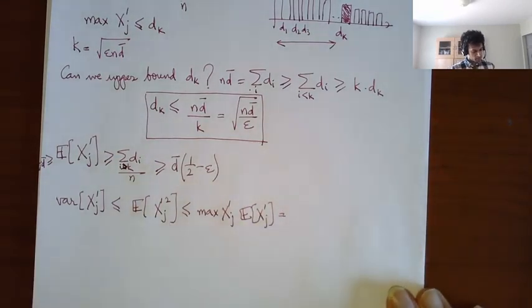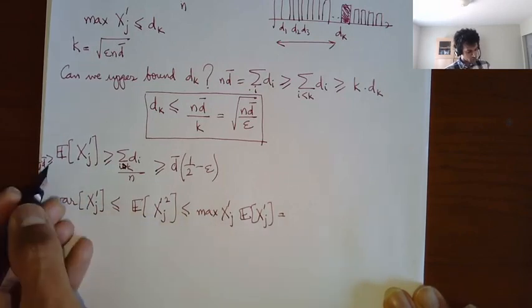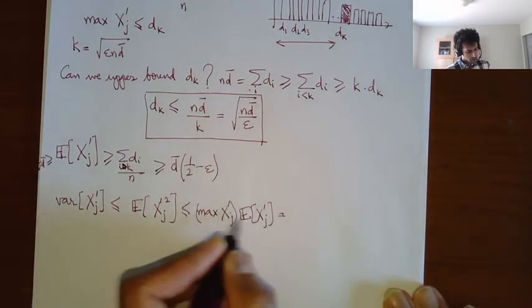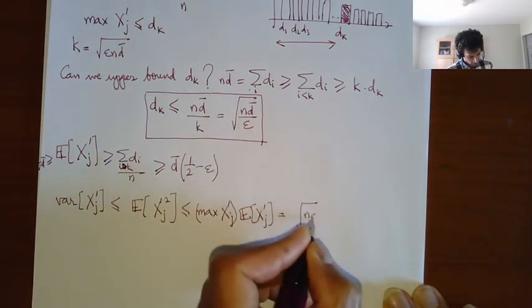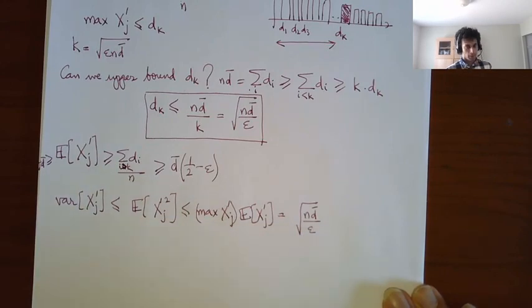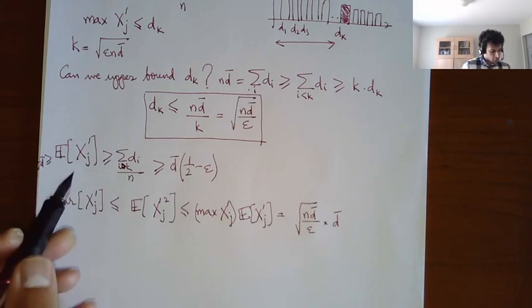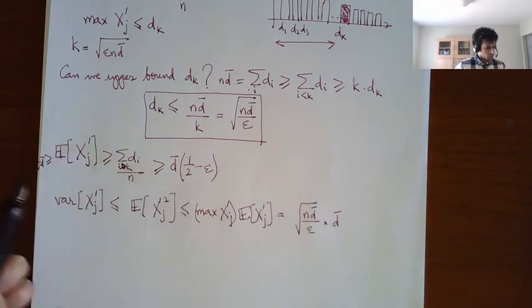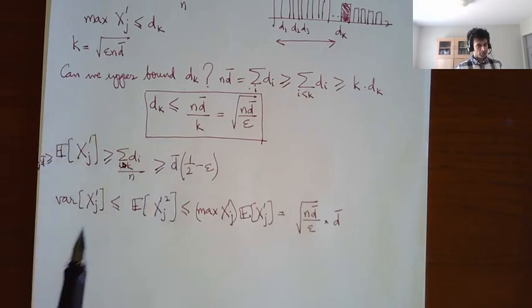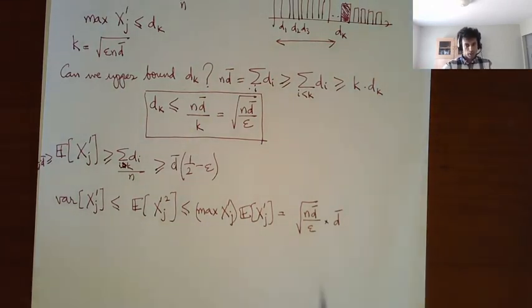And this we can write out, because we know the expectation is at most the average degree. The maximum value we have just bounded over here. So we plug that in, times d prime. Okay, so we have a random variable whose expectation is well behaved and whose variance is also well behaved. How many samples do we need?